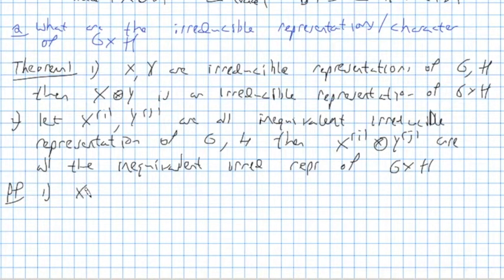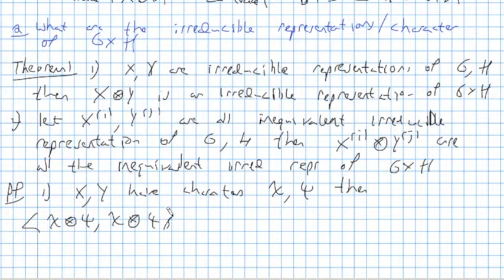Say that x and y have characters chi and psi. Then let's take the inner product of the corresponding character of x tensor y. This is the sum, with 1 over the size of the group, over all the elements of the group, of the character value of (g, h), times the conjugate.